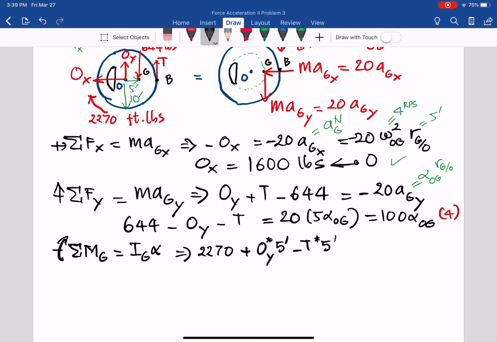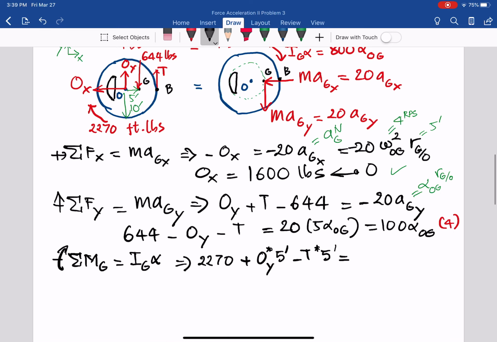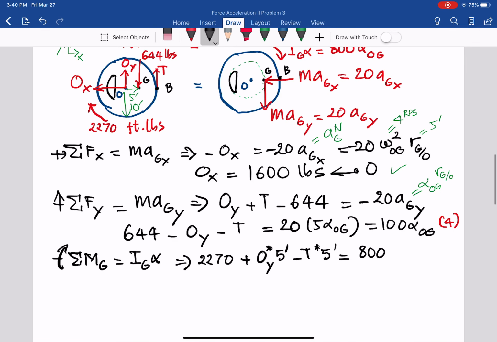The weight goes through G, so it's 0. So that is all we have on that side, and then on the right side, it will be easier, just IG alpha, so it will be 800 alpha OG. Let's make that equation number 5.